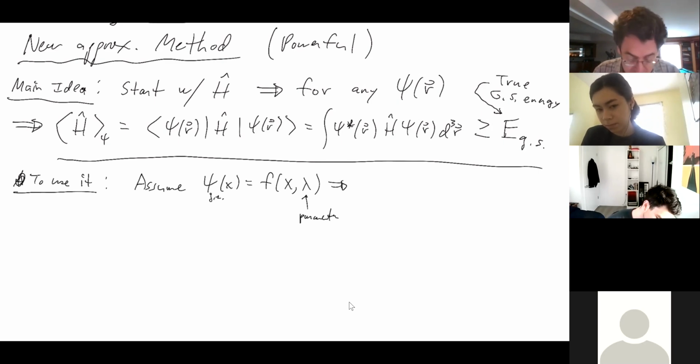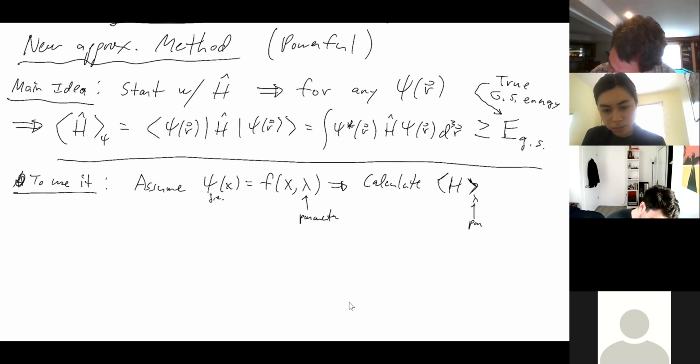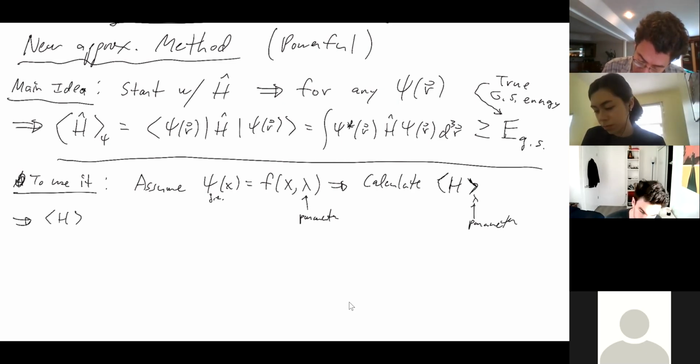Then what you do is you calculate the expectation value of the Hamiltonian for that state, which is a function now of this parameter. Then what you do is you know that this thing that you calculate is going to be bigger than the ground state energy.